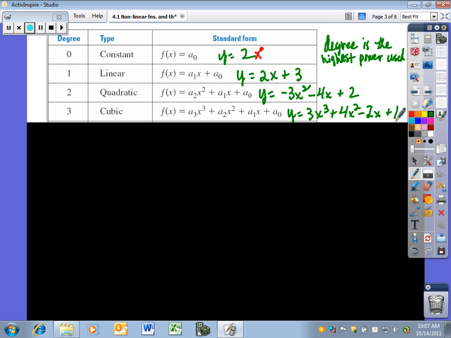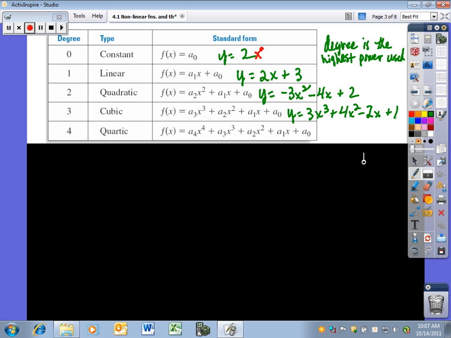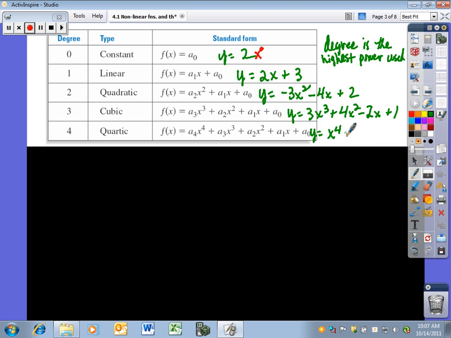Also realize you don't need every single term in there. If I just had y equals x cubed, I have a cubic function. And 4 would be quartic, which would be y equals x to the 4th plus 2x cubed plus x squared plus x plus 1.